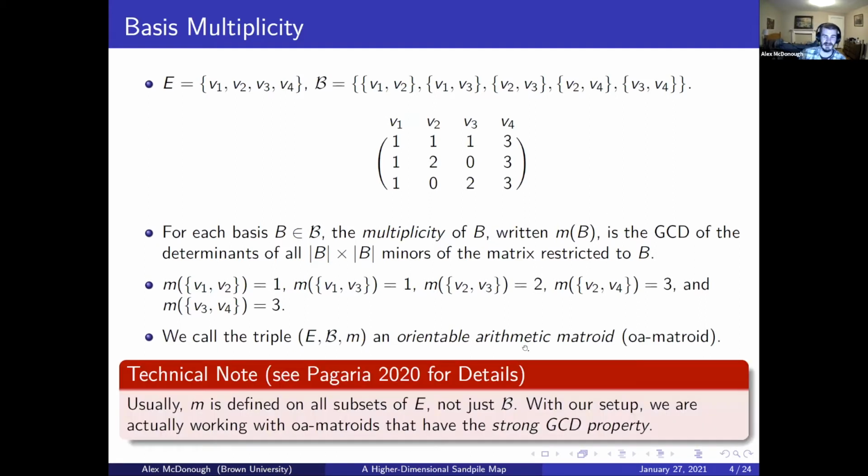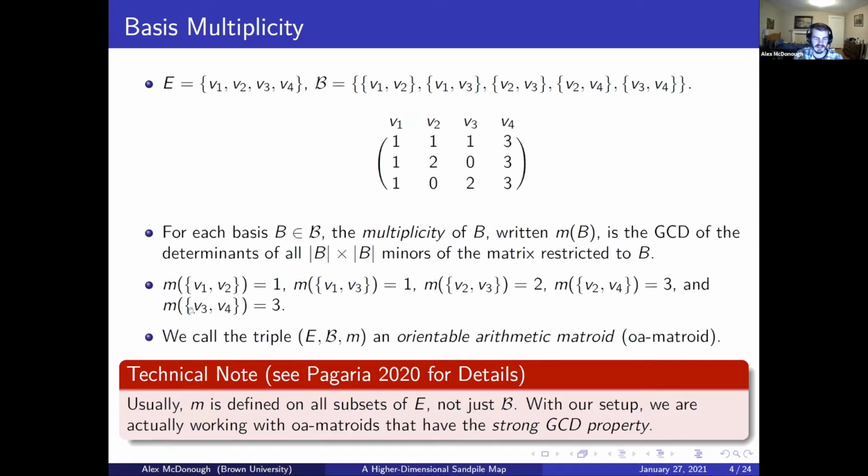And I just need to put in a technical note. So orientable arithmetic matroids were defined by Pagaria, and arithmetic matroids, as I was saying, were defined before that. Usually you define the multiplicity on all subsets of the ground set, but it ends up being useful for what I want to do to just define it on the bases.